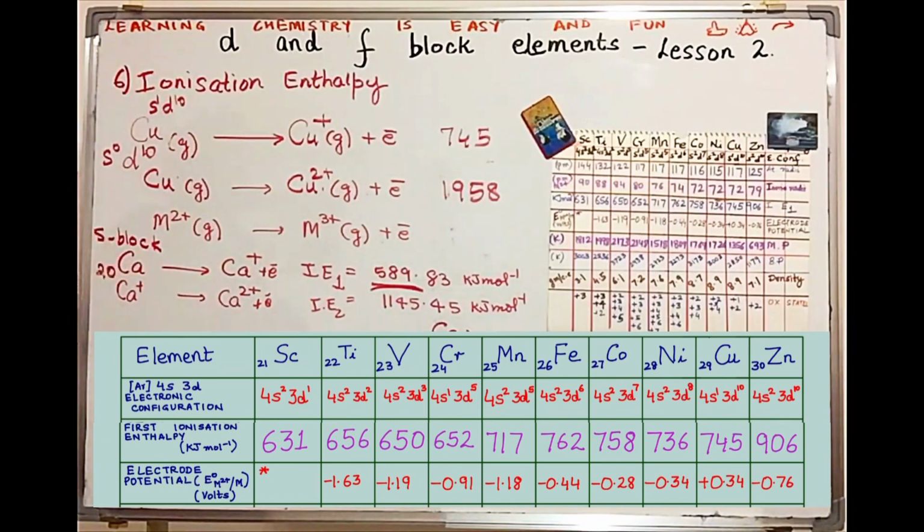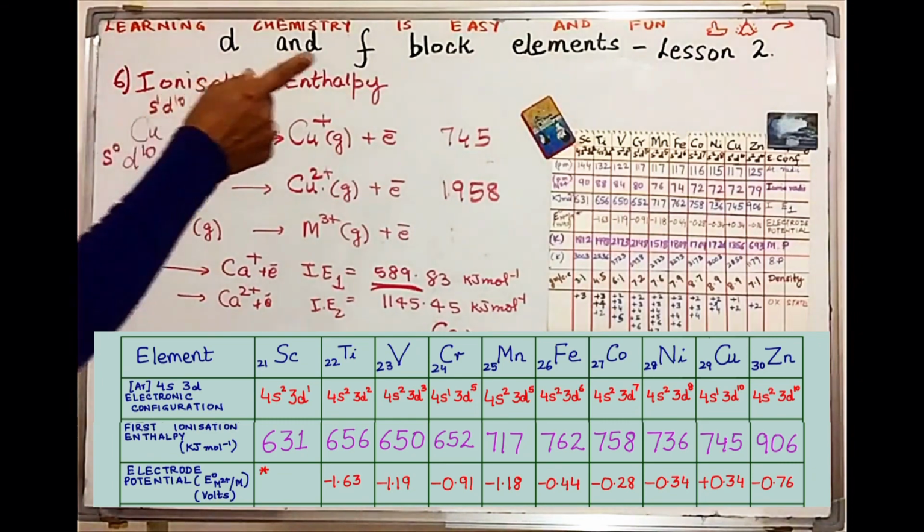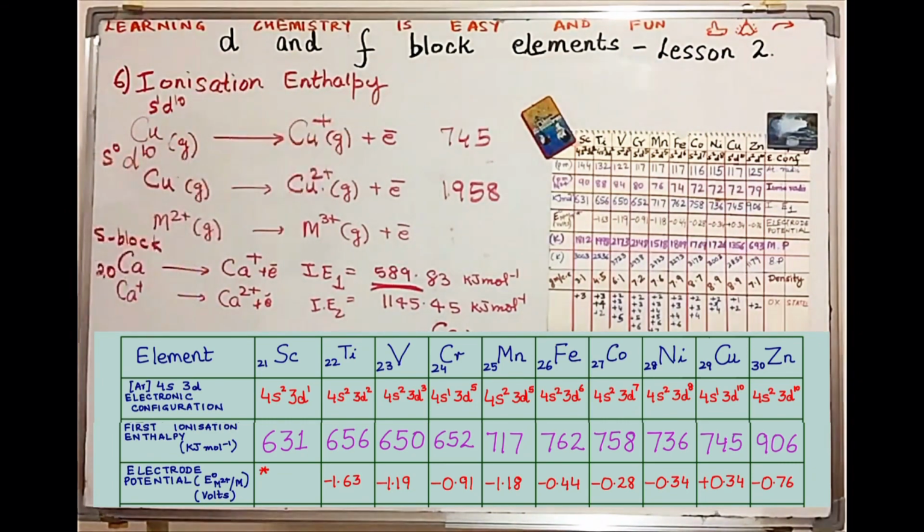This takes us to the next property that we are going to discuss, and that is we are left with electrode potential, right? So let's go on to electrode potential.